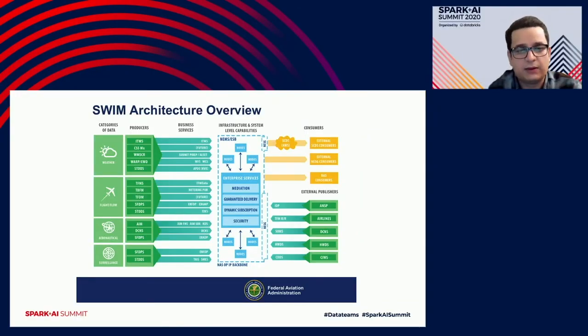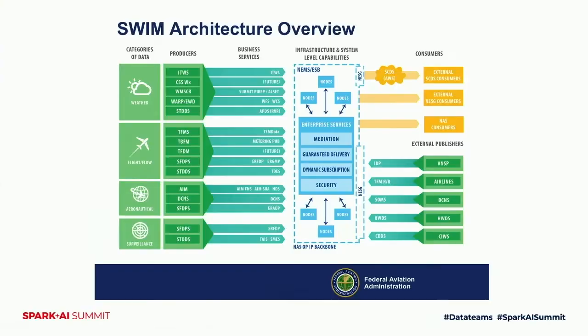TFMS service provides aircraft situation display data, and it also includes aircraft scheduling, routing, and positional information. The Terminal Data Distribution System, or STDS, is another SWIM service that converts legacy terminal data collected from airport towers and terminal radar approach control facilities into easily accessible information.